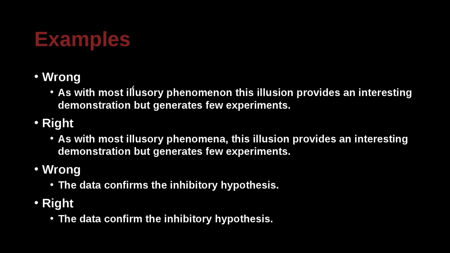As with most illusionary phenomena, this illusion provides an interesting demonstration but generates few experiments. As with most illusionary phenomena, this illusion provides an interesting demonstration but generates few experiments. What's different? Look right here. Comma and no comma. And how do we know to put a comma in?